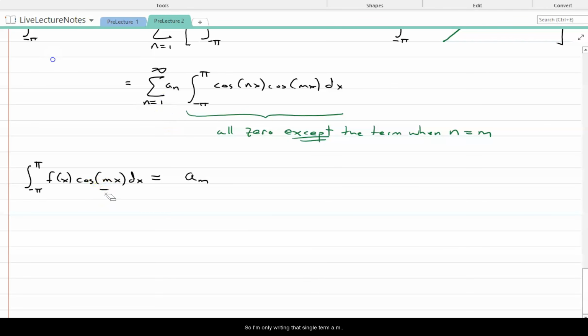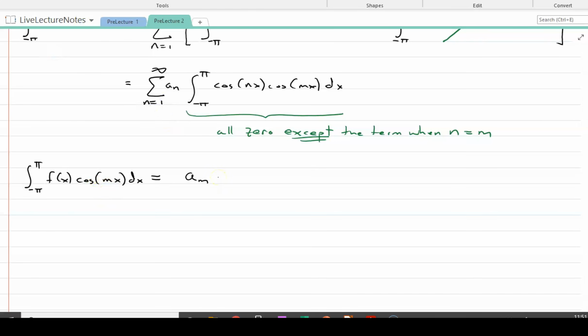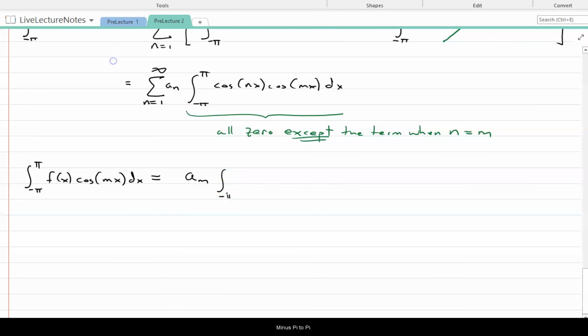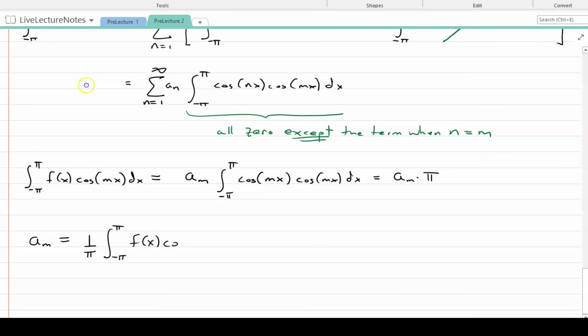So I'm only writing that single term, a_m, integral from minus pi to pi, cosine mx, cosine mx dx. And this integral we know is equal to pi, so a_m times pi. So what we got out of this is that for any integer m, a_m is 1 over pi, integral from minus pi to pi, f of x, cosine of mx dx.